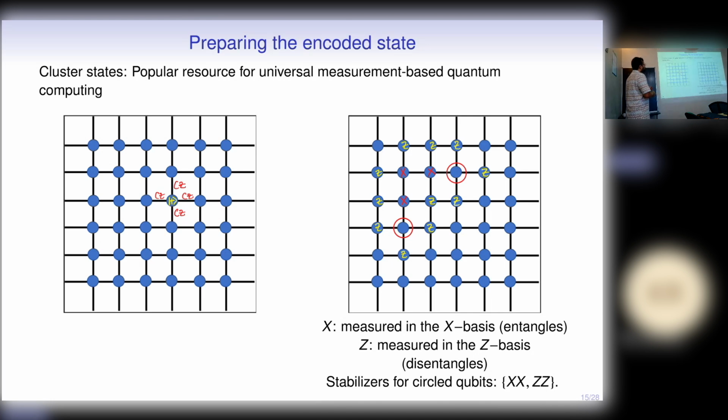The common choice, for many other reasons, is to start with a fixed entangled state that we call a cluster state or a graph state. What is a graph state? It's one unique state where you have plus on all the vertices of a lattice, and the links are actually CZ gates.